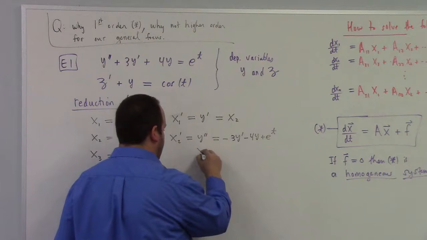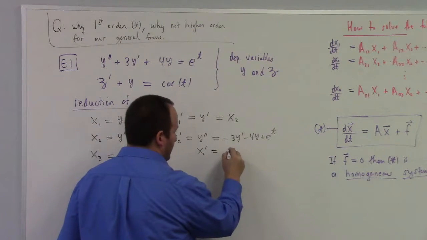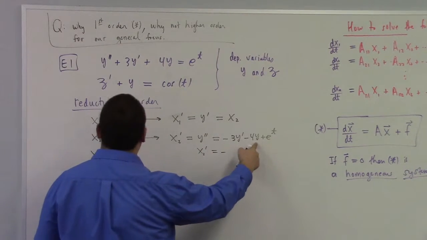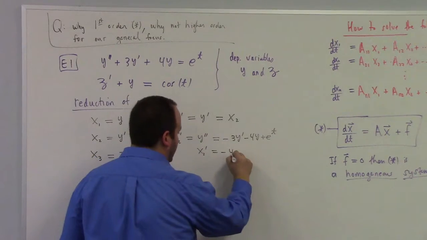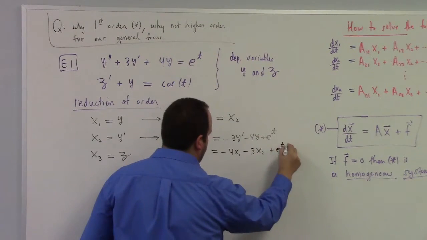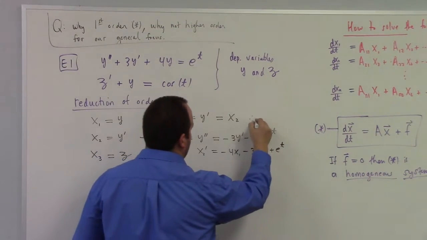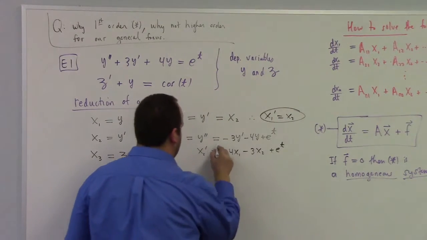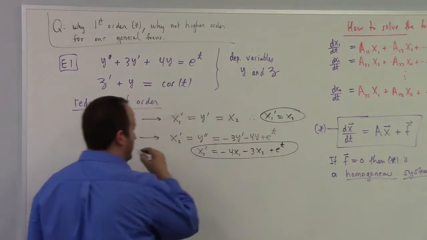So, in other words, x2 prime is equal to minus 4x1 minus 3x2 plus e to the t, since y is x1, right? I'm going to box these. Rewrite: x1 prime equals x2. So I've got this one, now I've got that one.